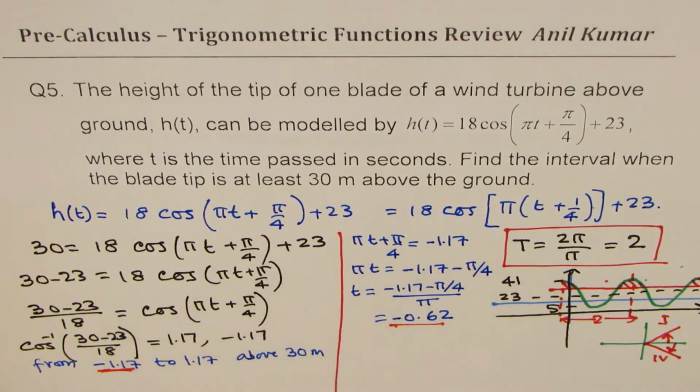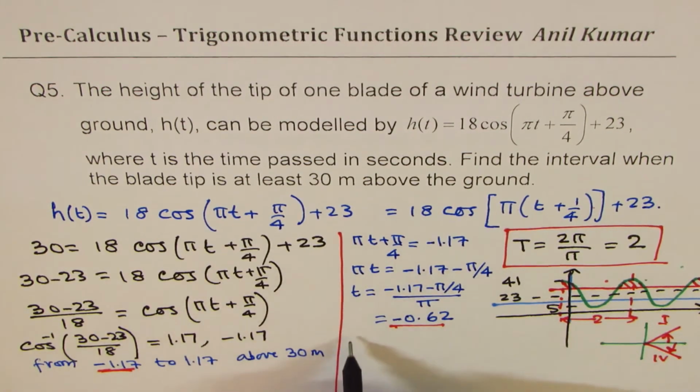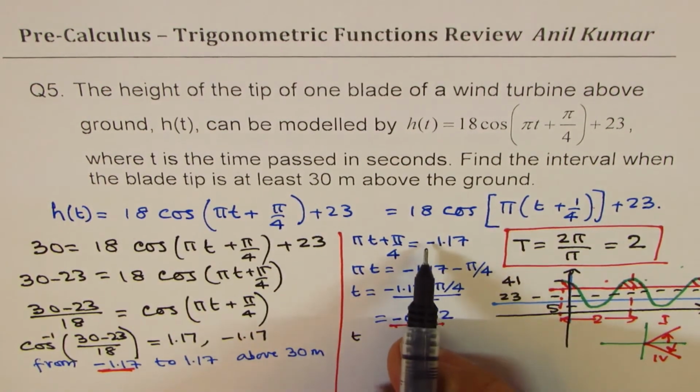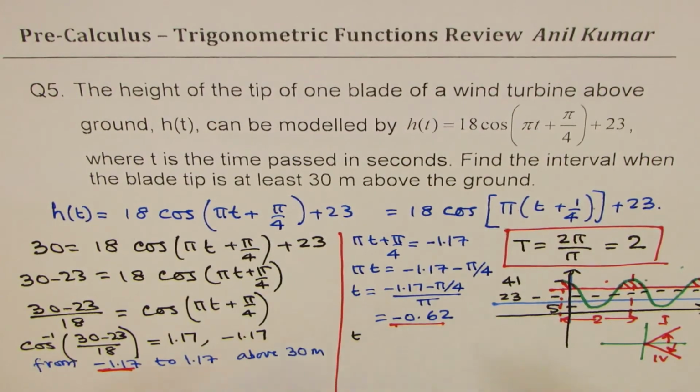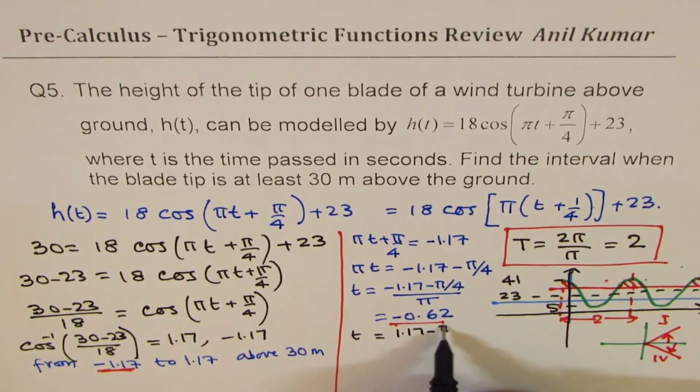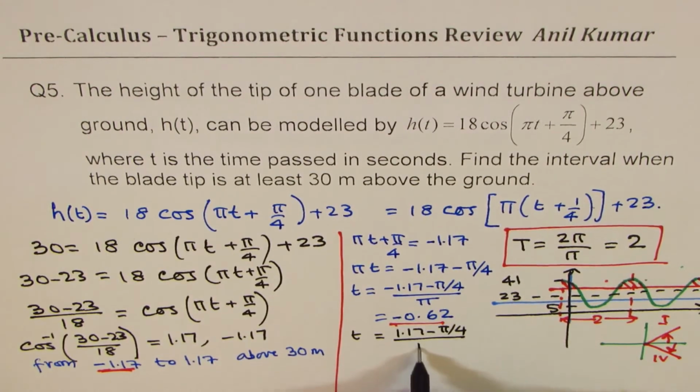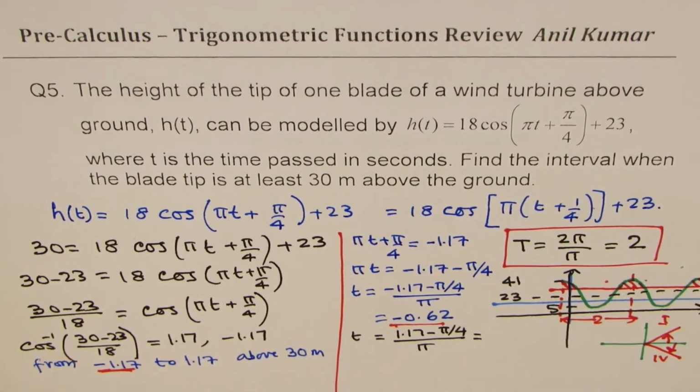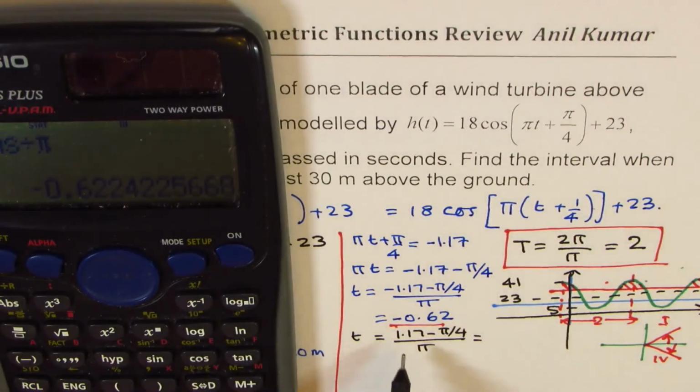Now if it is positive, in that case, we'll again write this t as, I replace minus 1.17 with positive, right? So t equals 1.17 minus pi by 4 divided by pi, right? So let's do this calculation again, but with positive.